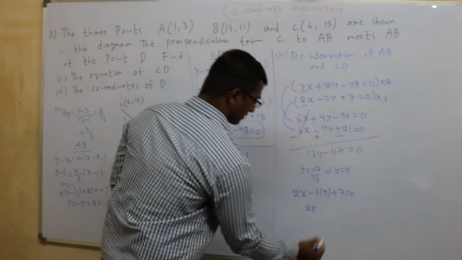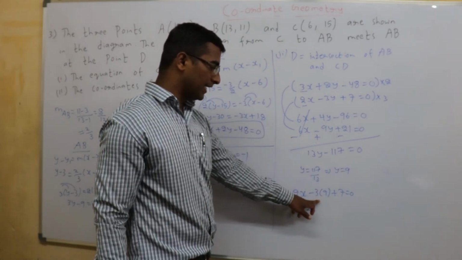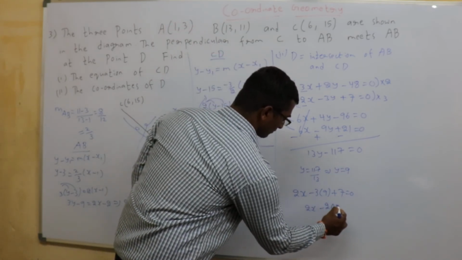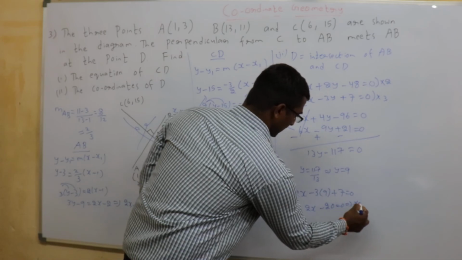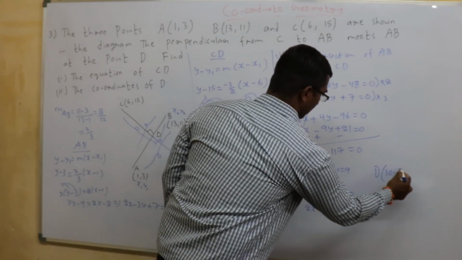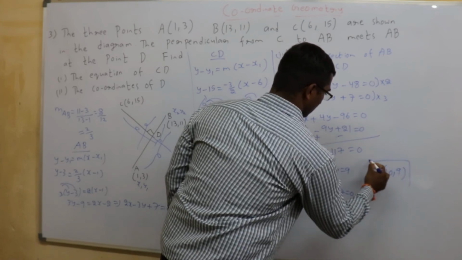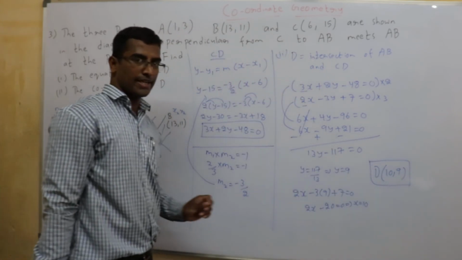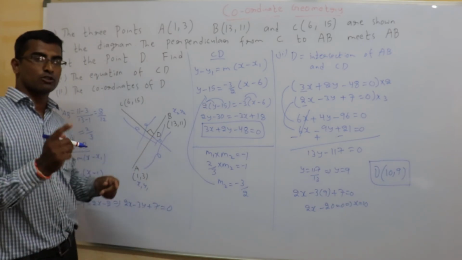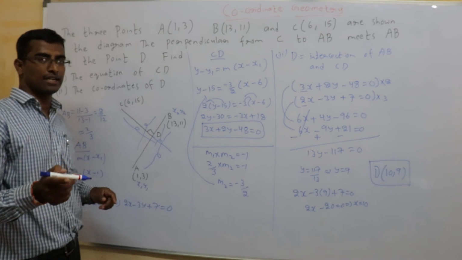So it is 2x, 3 into 9, 27, minus 27 plus 7 will be minus 20. So that implies x equal to 10. So my coordinates of D are (10, 9). Is it clear? To get this point, it's the intersection of two lines, solve those two lines to get that point.